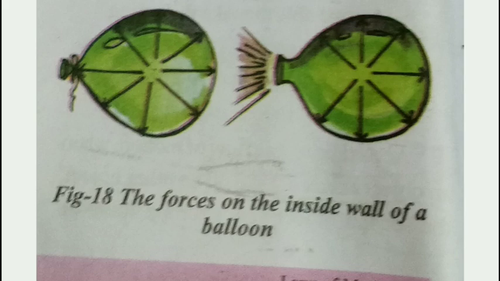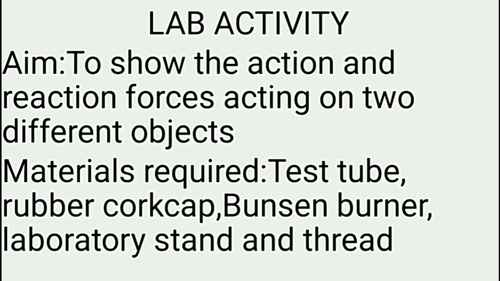Yes. And here is a lab activity which shows you the action and reaction forces acting on two different objects. The materials needed for this lab activity are a test tube, a rubber cork cap, a Bunsen burner, a laboratory stand, and a thread.